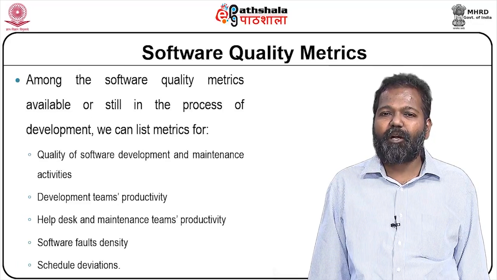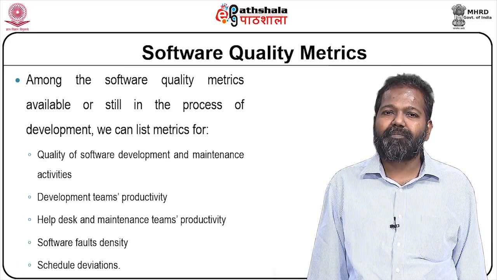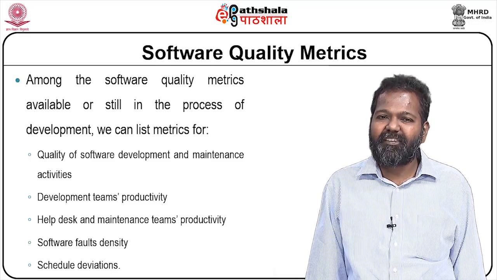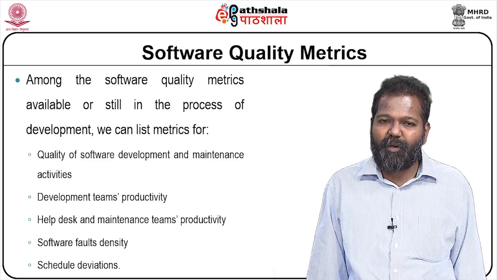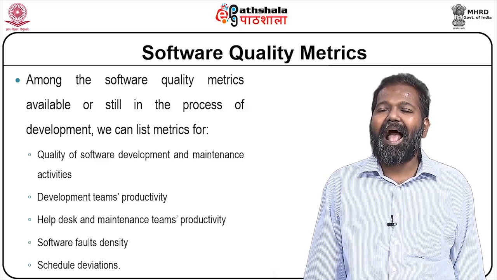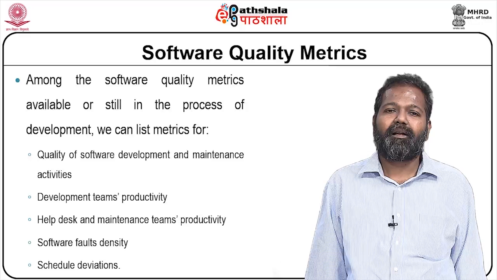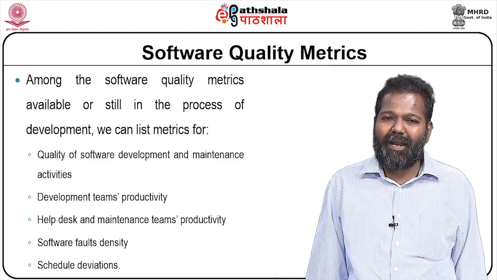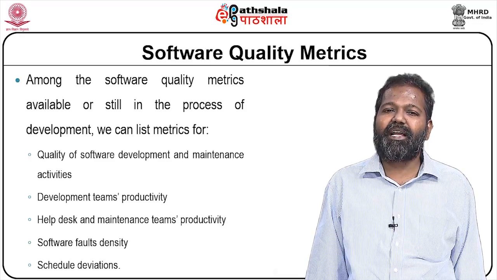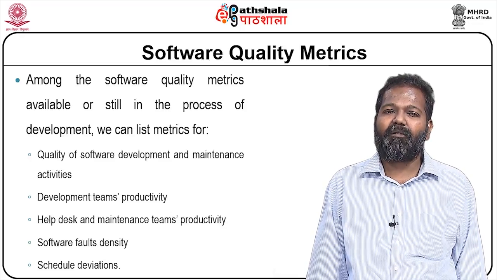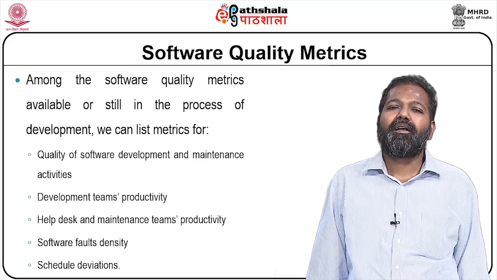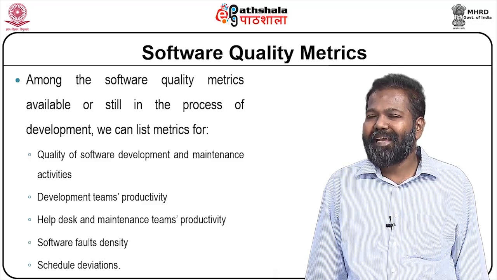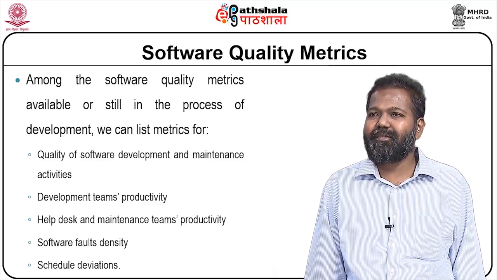Among the software quality metrics available or still in the process of development, we can list metrics for quality of software development and maintenance activities: development teams productivity, help desk and maintenance teams productivity, software fault density, schedule deviations.